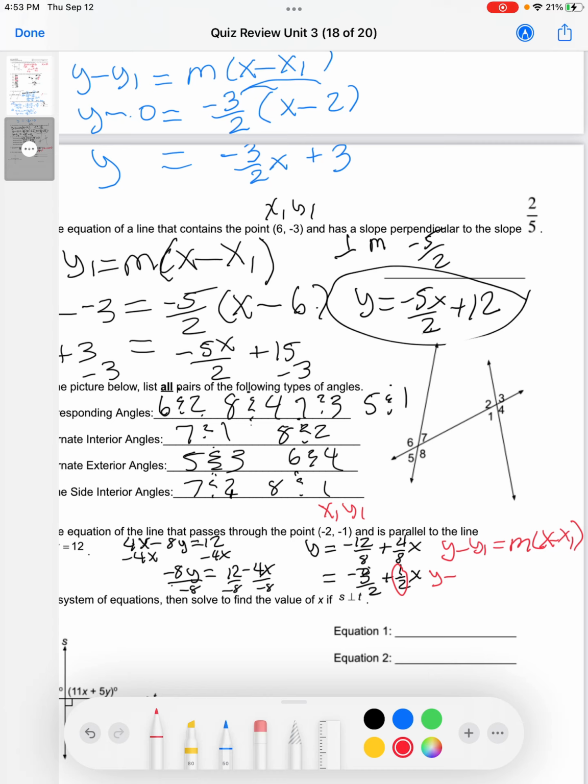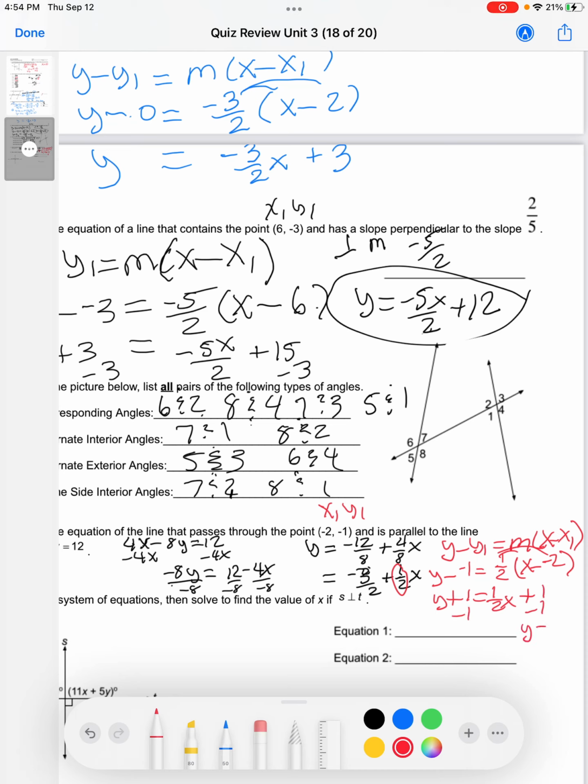So y1 is -1, m is 1/2, and we're doing parallel, so it's the same slope as what we already have. So y plus 1 equals 1/2 times x plus 2. I'm going to distribute 1/2 x. This becomes 1/2 x plus 1, because 1/2 times 2 is 1.